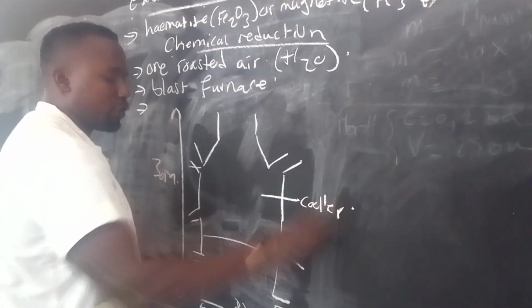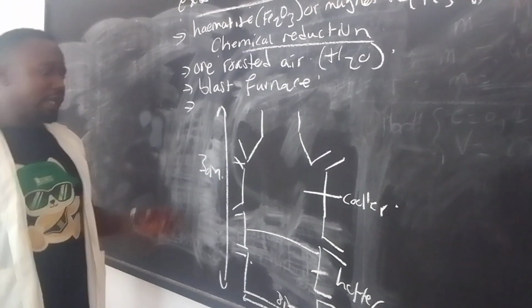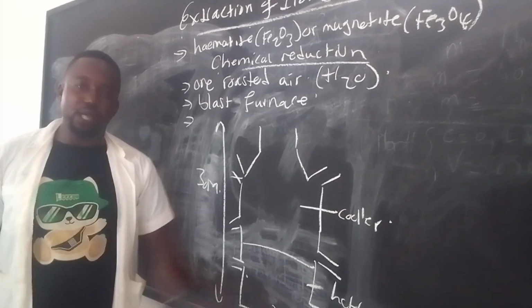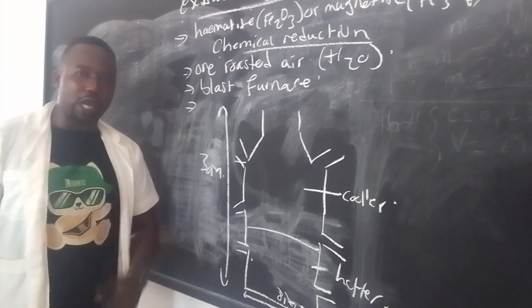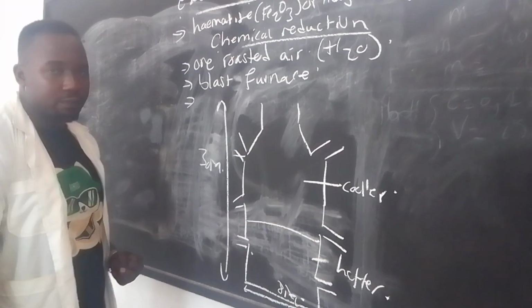It is cooler at the top and hotter at the bottom. So that is our blast furnace: a tank, 30 meters high, 8 meters in diameter, cooler at the top, hotter at the bottom, with 2 openings at the bottom called tuyeres.